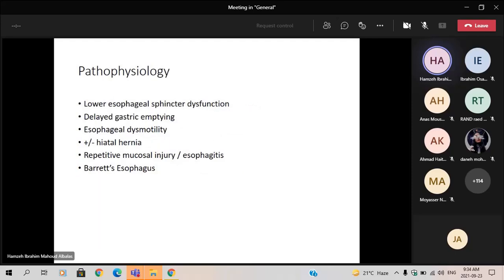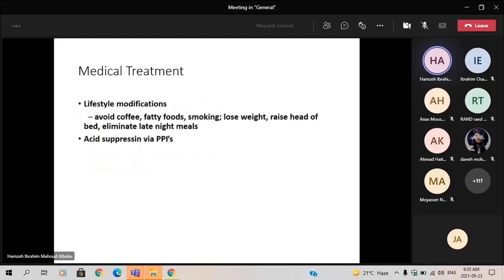Pathophysiology: lower esophageal sphincter dysfunction, delayed gastric emptying, esophageal dysmotility, plus or minus hernia, repetitive mucosal injury, esophagitis, and Barrett's esophagus. Lifestyle: we advise the patient to avoid caffeine, fatty food, and smoking, lose weight, raise the head of the bed, and eliminate late night meals. Also, acid suppression via PPI.